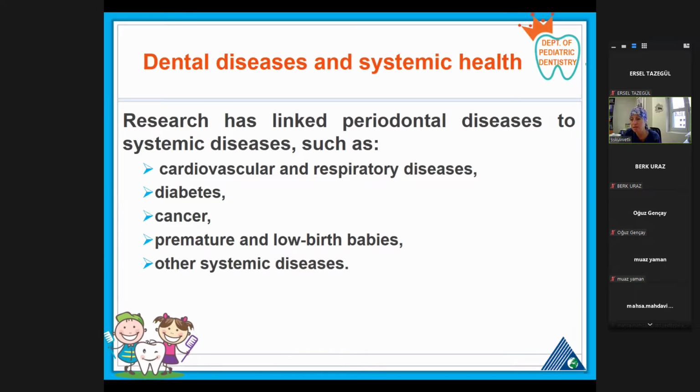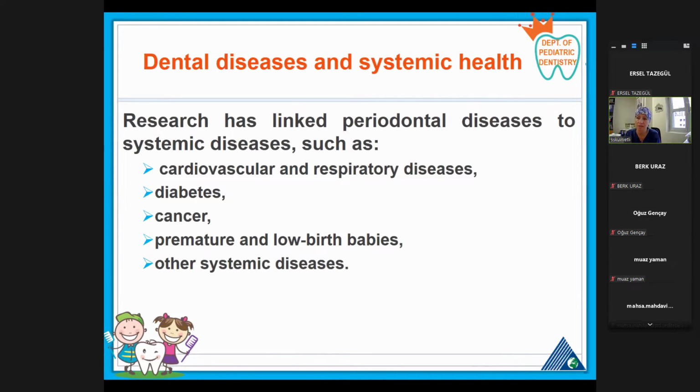So periodontal disease is the disease of periodontal structures, the tissue which supports the teeth in the mouth. So alveolar bone, periodontal ligaments, the gingiva, the oral mucosa are affected in this periodontal disease, and it's an infectious disease from some special type of microorganisms in the mouth.